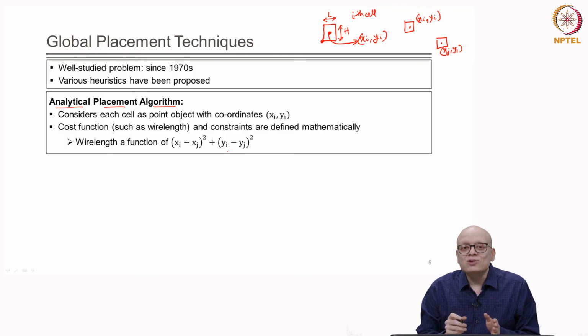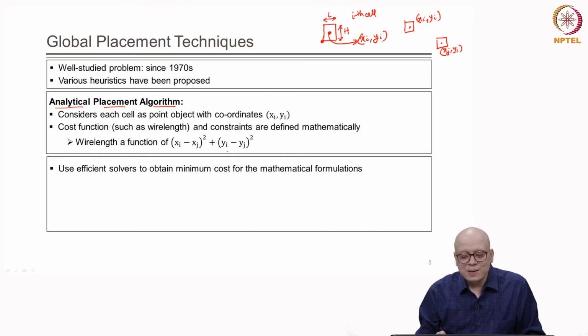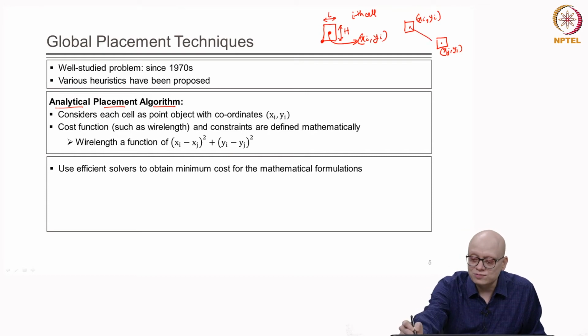Based on that, we compute the total wire length, or find the mathematical formula for the total wire length of our design, and then use efficient solvers to obtain the minimum cost for the mathematical formulation. Now, this is for these two cells which were connected.